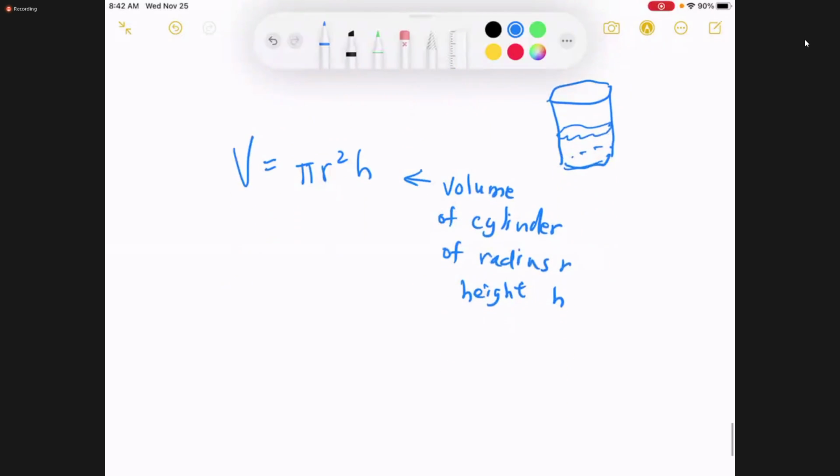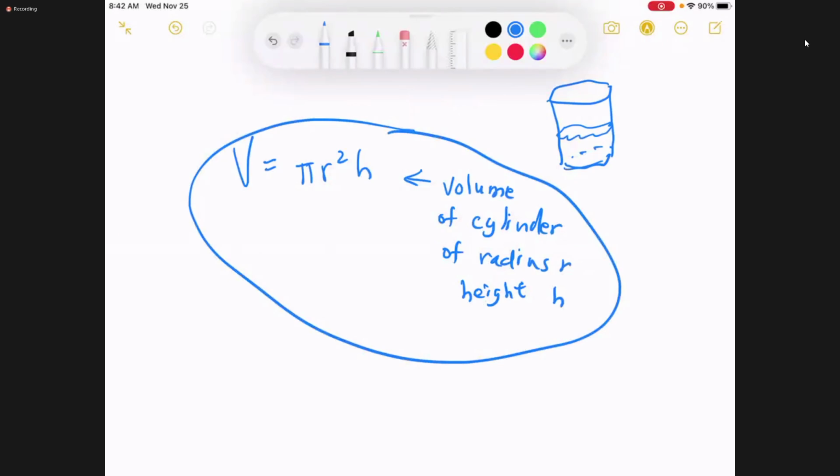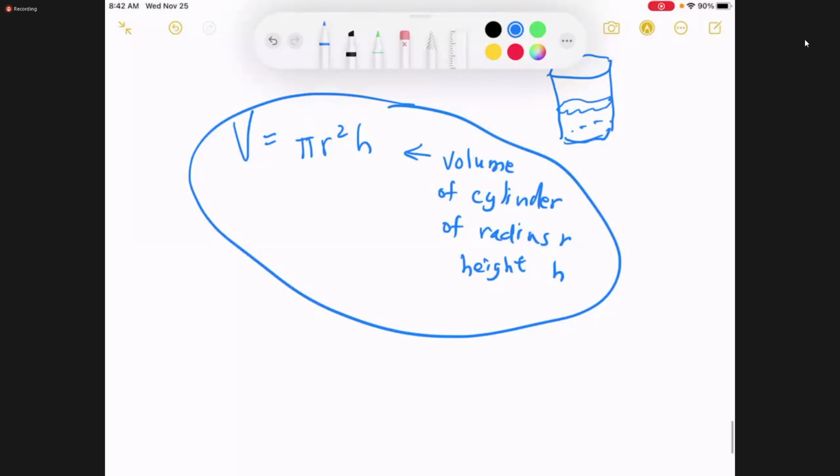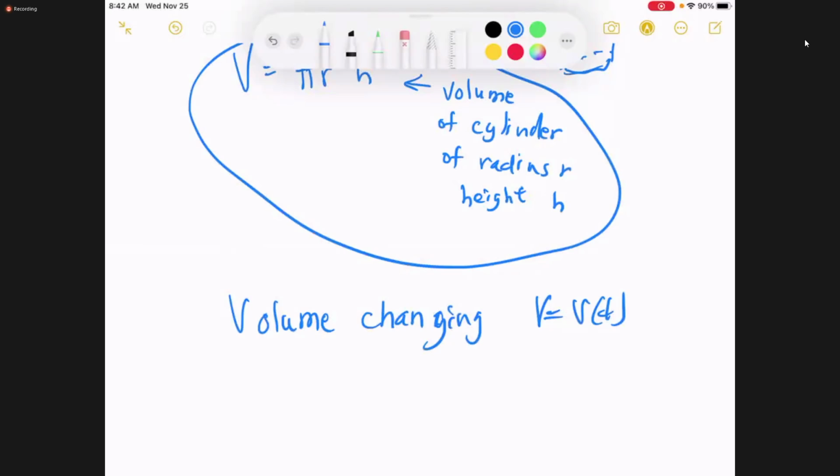Okay, but our volume is changing. So V is V of t, the volume of the water, not the volume of the barrel. Volume of the water is changing with time, and so is the height of the water. So h is a function of time, okay?